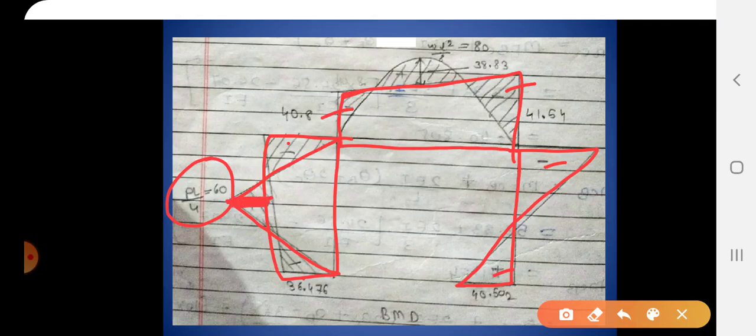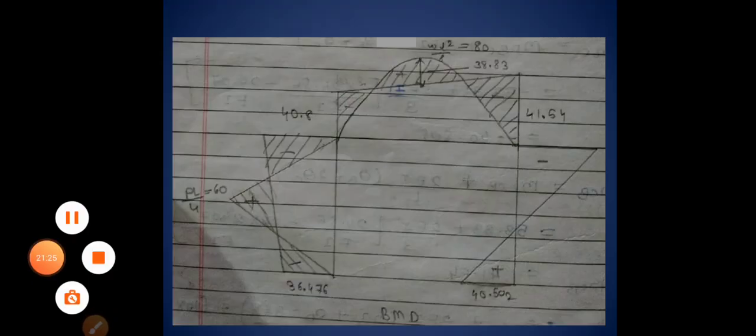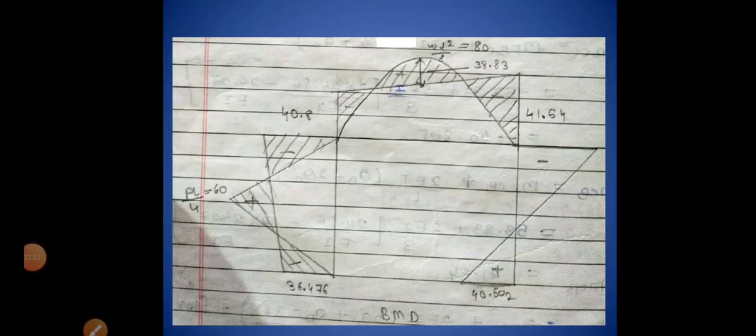And on span BC, UDL is acting, therefore superimpose the bending moment diagram due to UDL, that is a parabola with WL square by 8 as central ordinate, and find this ordinate. So you have got this bending moment diagram. So here we have completed this unit. Thank you.